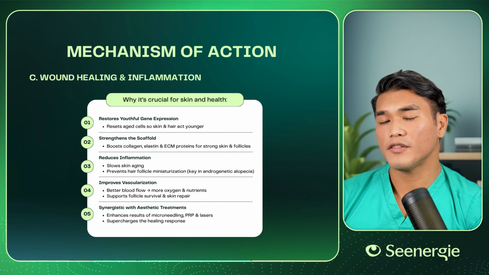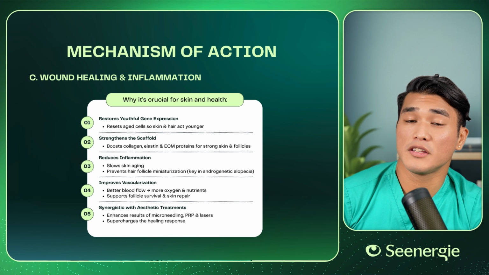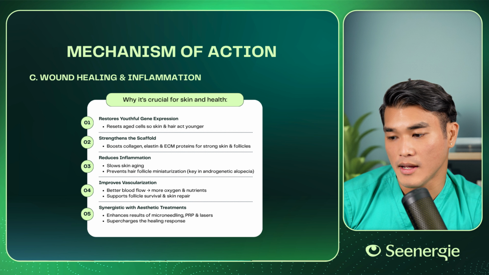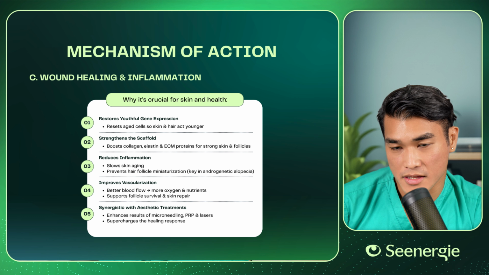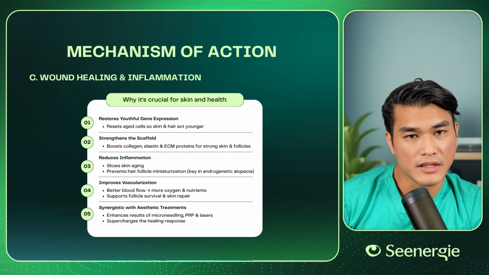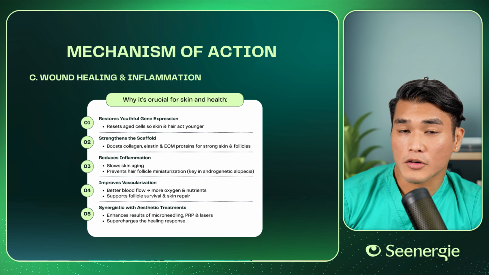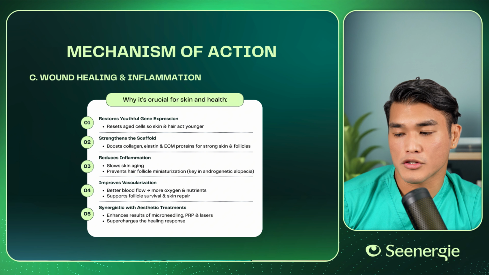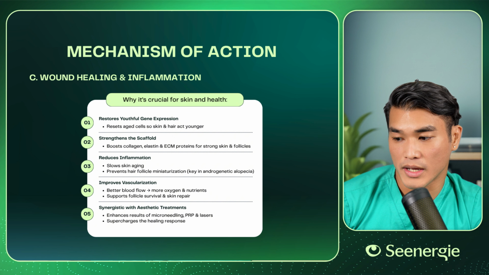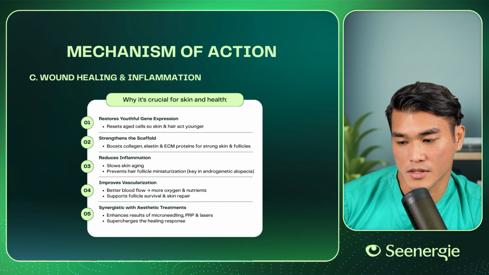And overall, GHK-Cu doesn't mean you don't have to use the other aesthetic treatments. Actually, it has a synergistic effect. So if you want to get procedures like microneedling or PRP or laser procedures, you can actually control the injury created by those procedures with GHK-Cu, and it supercharges the healing response for much better outcomes.